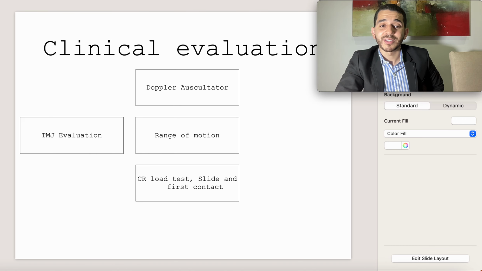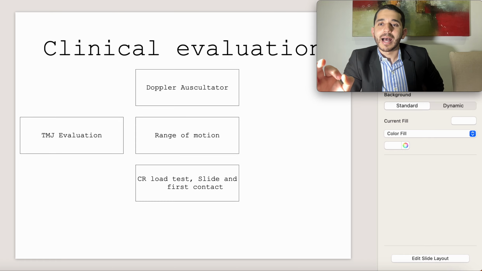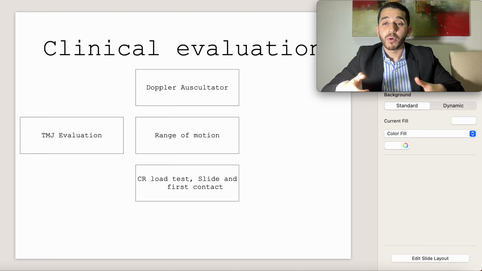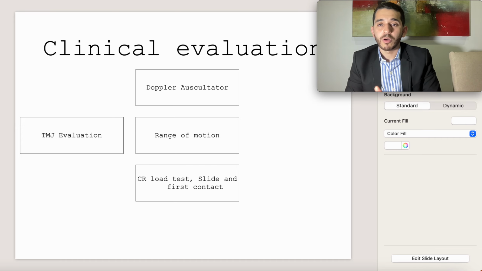And we're going to do a CR load test with Dawson bimanual manipulation. Why is this test so important? Why would I recommend everyone to learn how to do Dawson's bimanual manipulation? Even though people believe that it's a really hard technique to learn, it's actually a really good technique to know in order to load the medial pole of the condyles and to be sure that they can take firm tension without pain or tenderness.